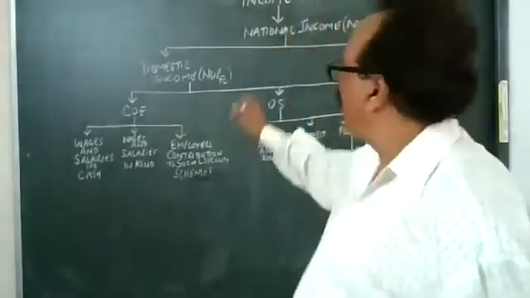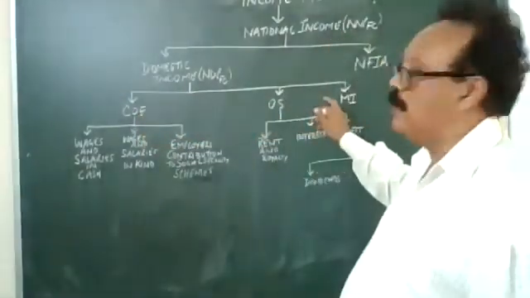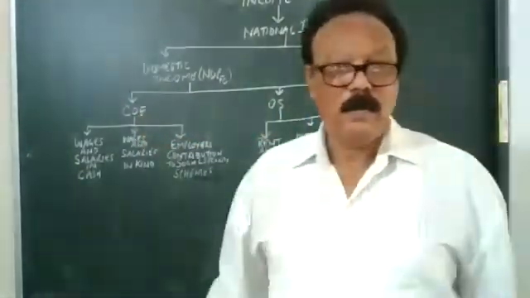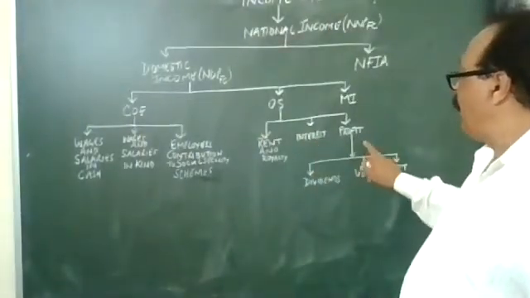Then the third part of the domestic income, we have got COE plus OS plus, sorry, over here we have got interest. Now profits.